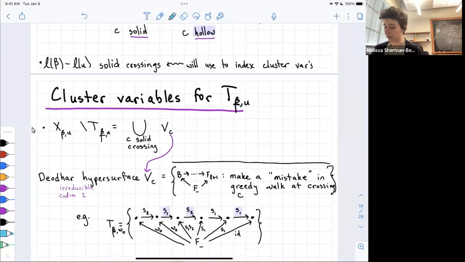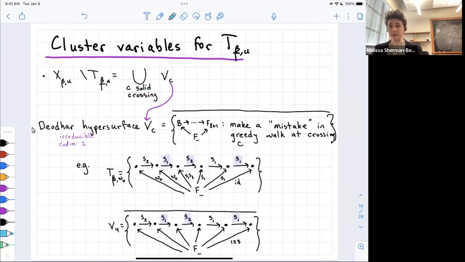Okay, so now what are these cluster variables? Well, geometrically, the idea of them is pretty straightforward. To figure out my cluster variables, I take my torus and I look at its complement in the Braid variety.